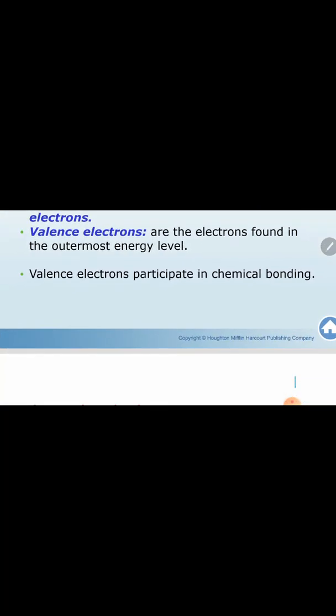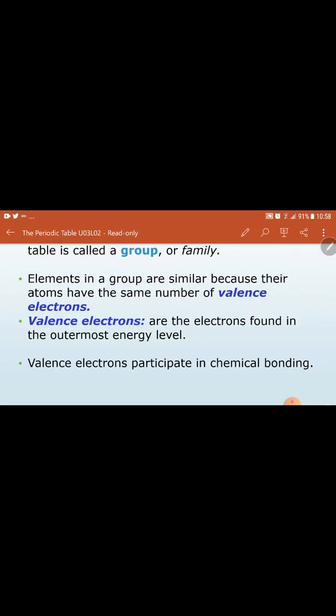Then I will stop this video and I will record a video where I explain to you what a valence electron is. So elements in a group are similar because their atoms have the same number of valence electrons. Valence electrons are the electrons found in the outermost energy level. Valence electrons participate in chemical bonding.